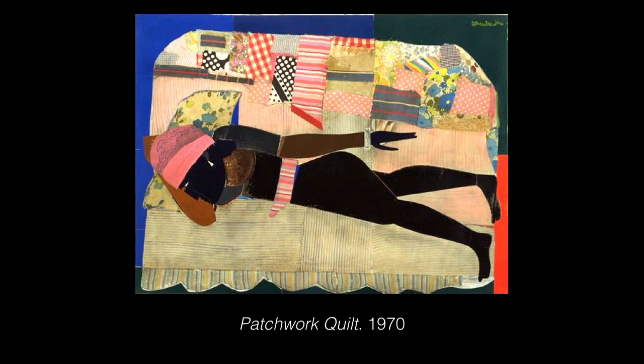Here in a collage from the 1970s, he evokes a kind of Egyptian style figure with this patchwork quilt. Again, hearkening back to this idea of fusion of identities and disjointed possibilities brought together through this rupture in the history of the African American.